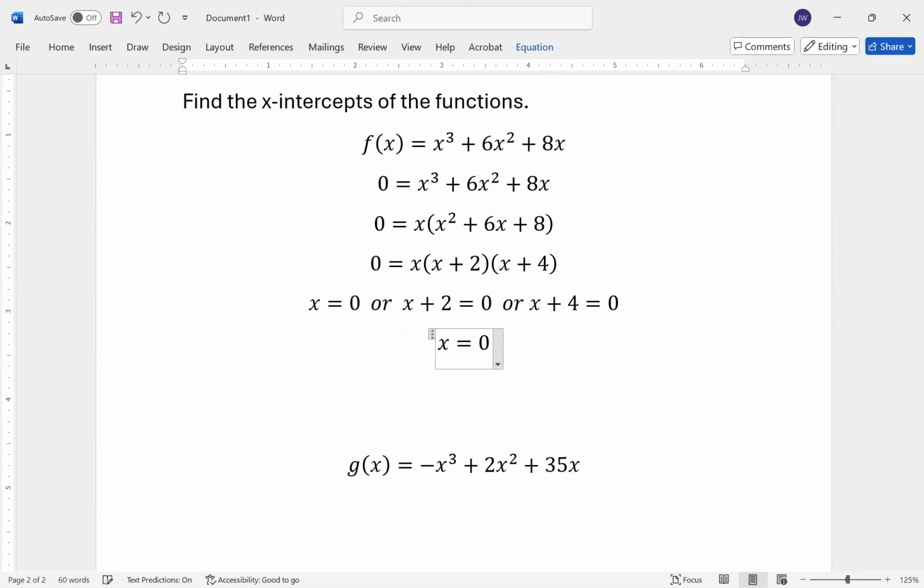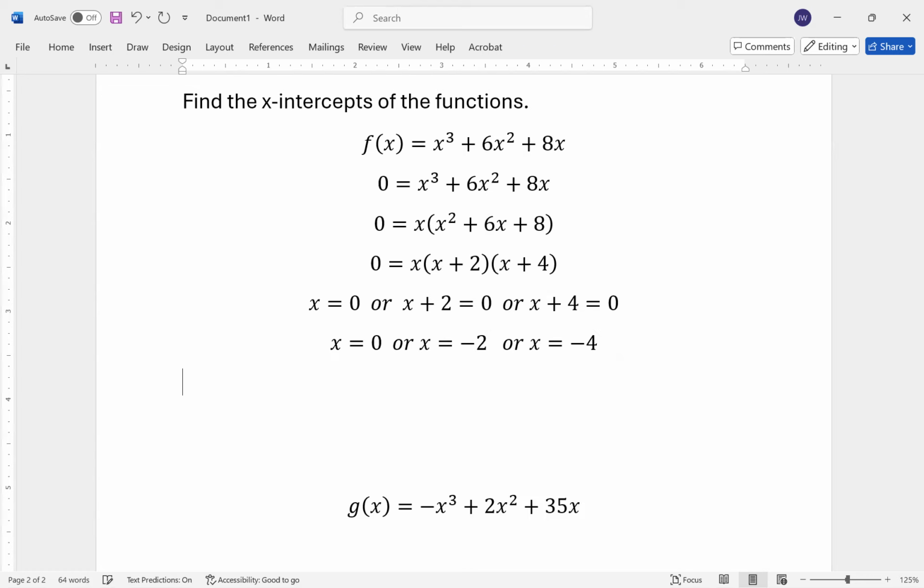Here, all of my solutions are real numbers. x equals 0, x equals -2, x equals -4. Those are my 3 zeros, and my 3 x-intercepts are just corresponding points.